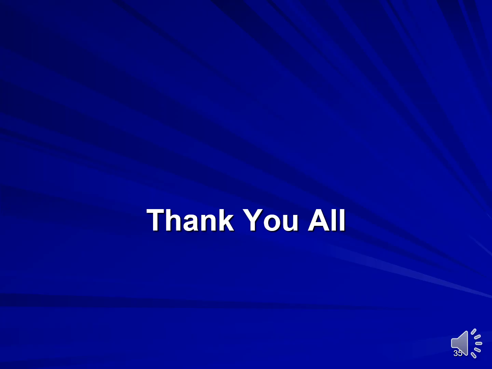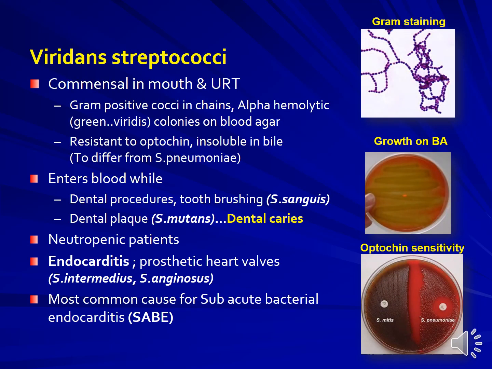This is about the streptococci and its complications, and a few other things about Viridans streptococci. They are commensals in the mouth and upper respiratory tract, which are gram-positive cocci in chains, which produce alpha hemolytic colonies on blood agar, are optochin resistant, and are insoluble in bile.